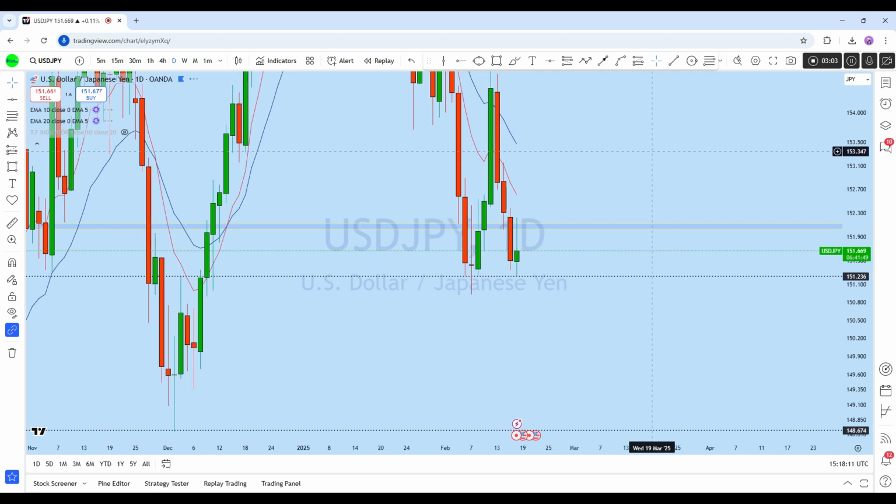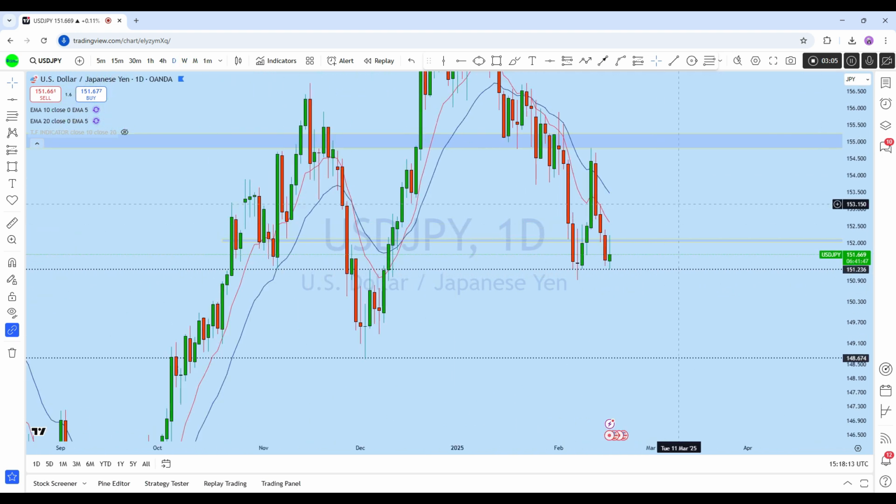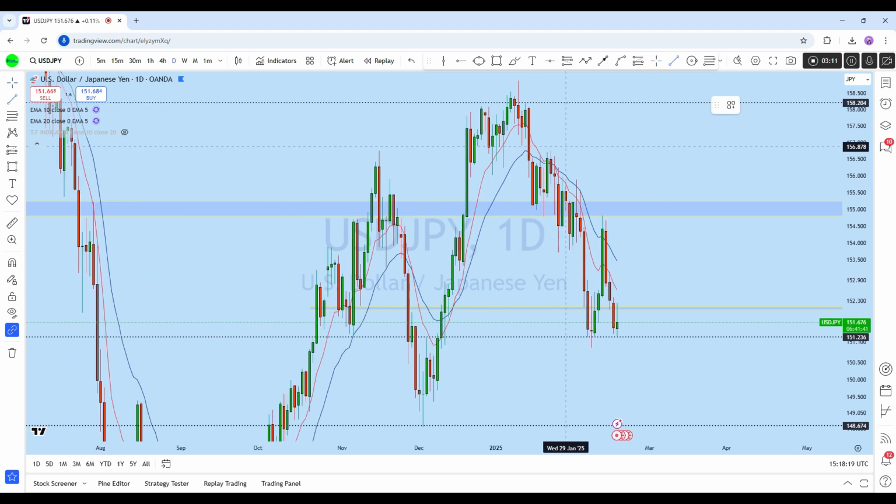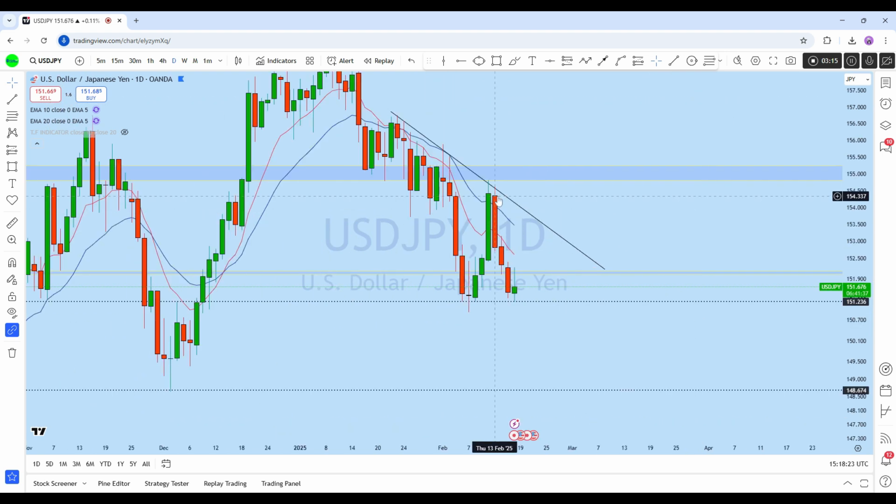If we look at the daily chart to see how the market is preparing, this is the daily impulse to the resistance line, and this is an important trend line on dollar yen. We can see three days of drop to that support level. Today's price action is also showing bearish pressure.